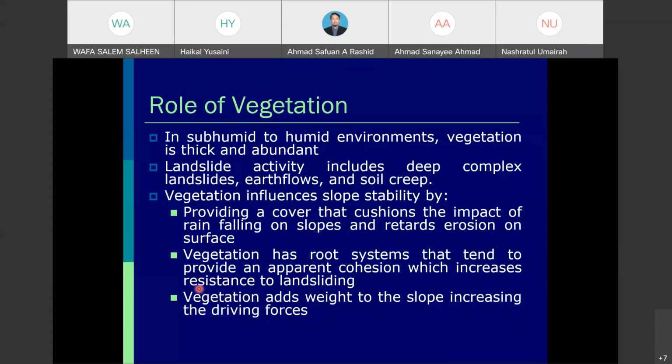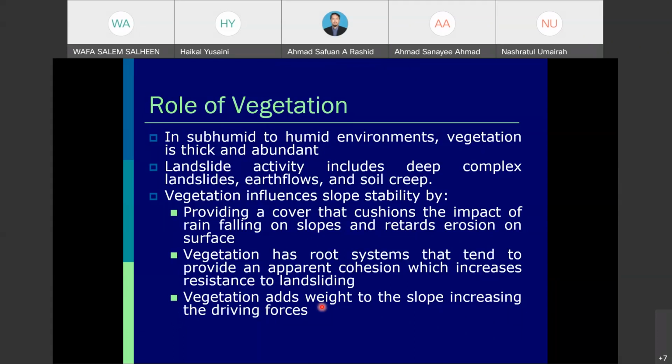If we do not take care of the vegetation, it will become a disadvantage due to the additional weight on the slope surface.